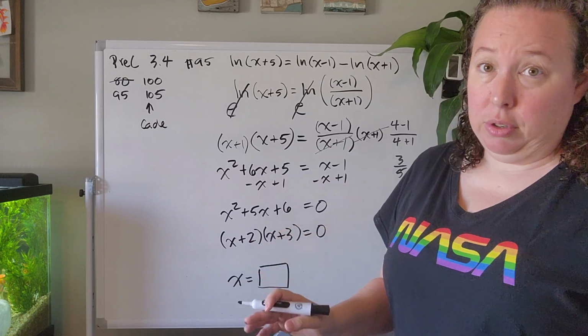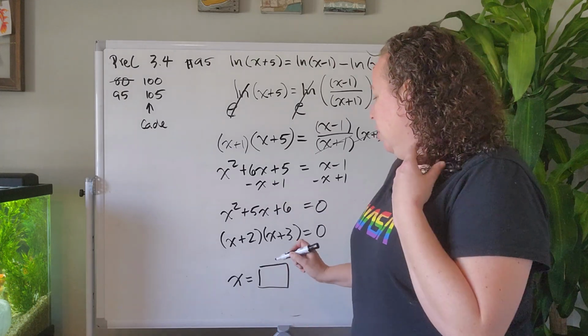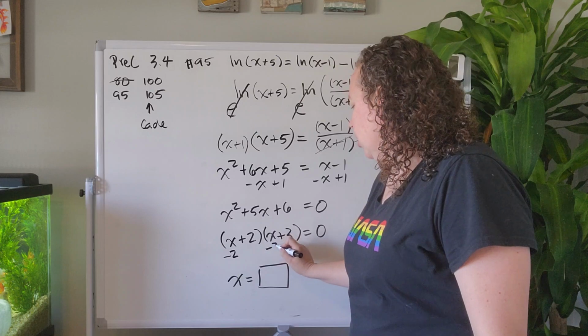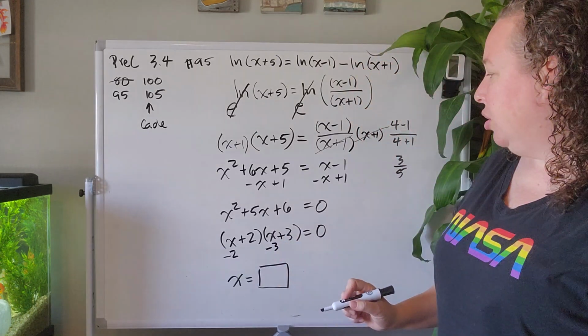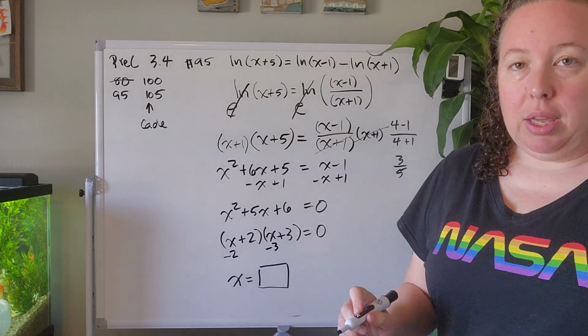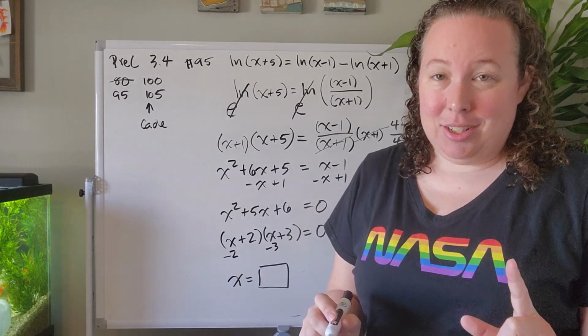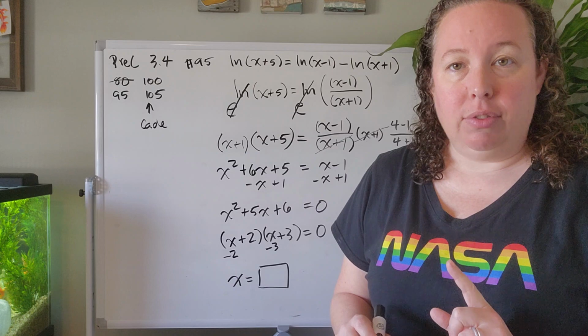So we're kind of just reverse FOILing. So this means here then that our solutions are -2 and -3. Well, I should say our candidate solutions are -2 and -3.